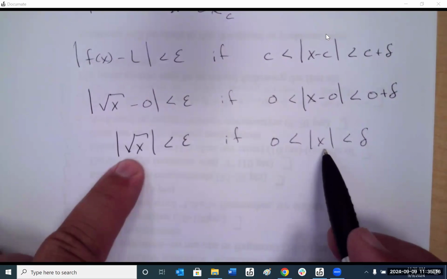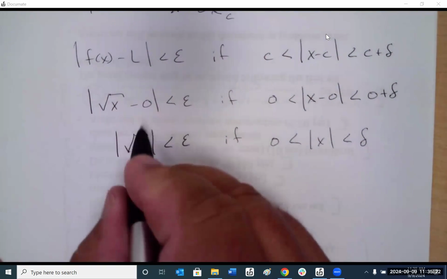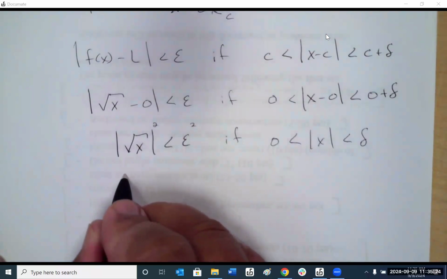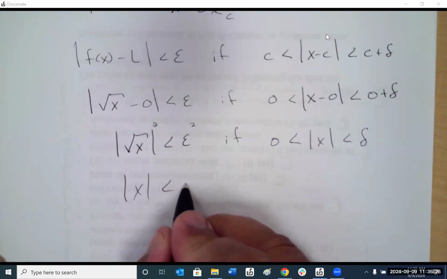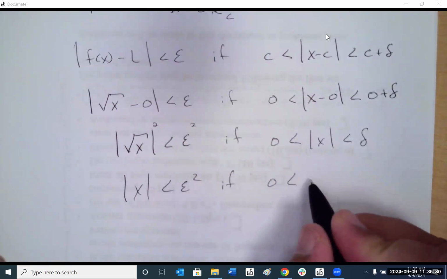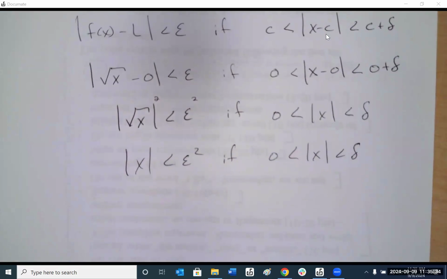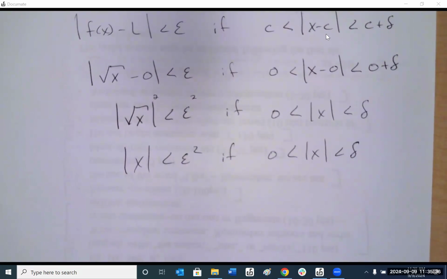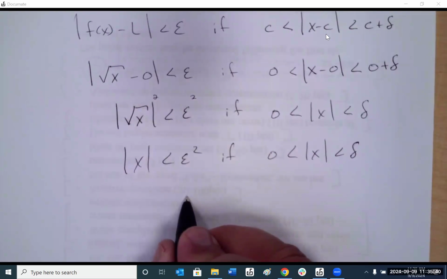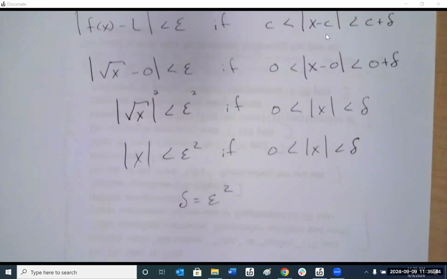Remember, we have to try to get the inside here to be the same. So what do we have to do? We have to square it. So how are epsilon and delta related? Delta equals epsilon squared.